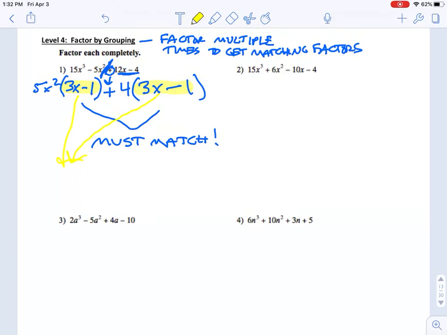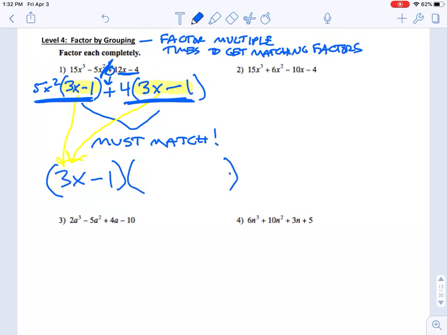It's technically another greatest common factor. Basically we have one big term there and another big term there. And since both of those have a 3x minus 1 in common, you remove 3x minus 1.